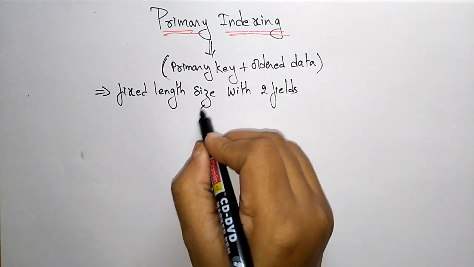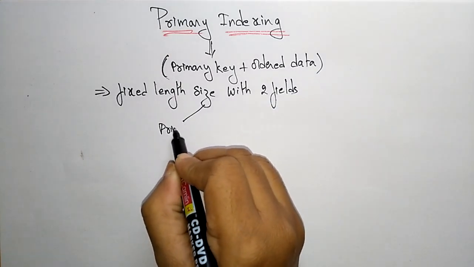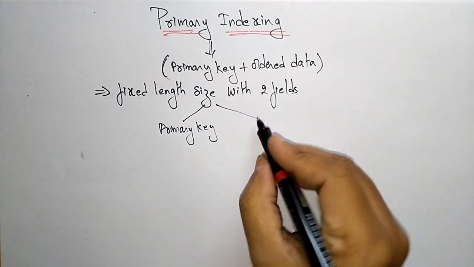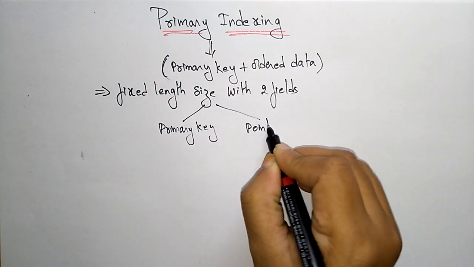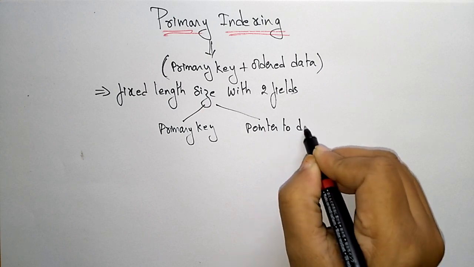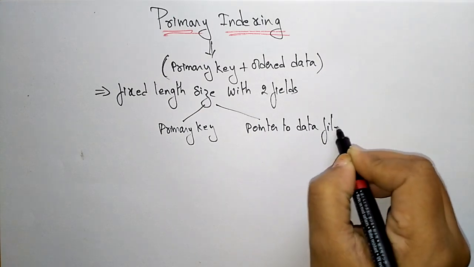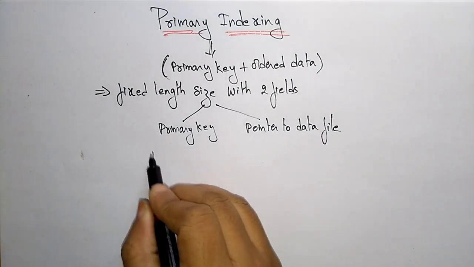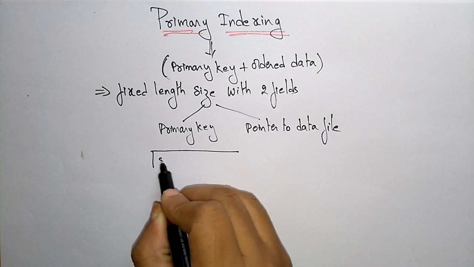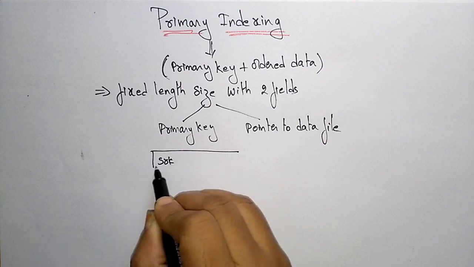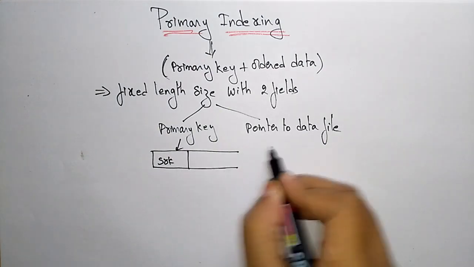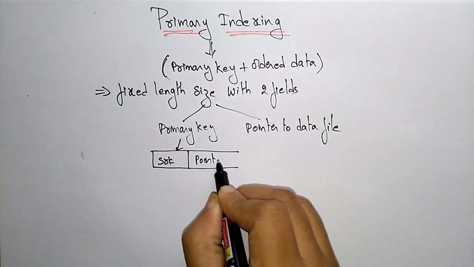The first field you make as a primary key, and the second field is the pointer to the data file. I already said the index structure consists of the search key, which here you take as a primary key, and the pointer to the data field.